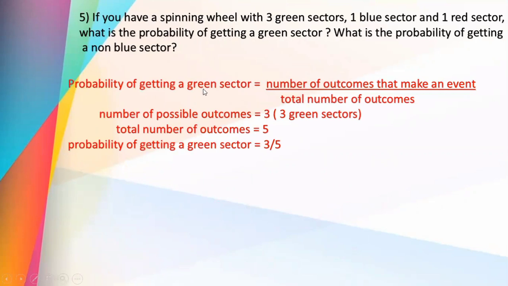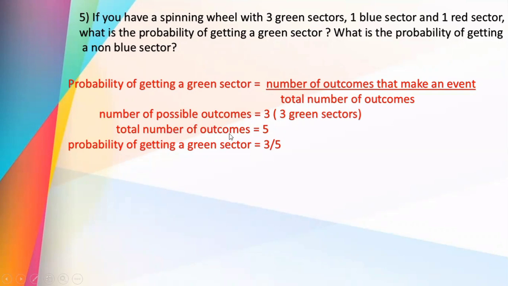First one, probability of getting a green sector. What is the equation? Number of outcomes that make an event divided by total number of outcomes. Number of possible outcomes: green sector, only 3 green sectors, so only 3 possible outcomes.